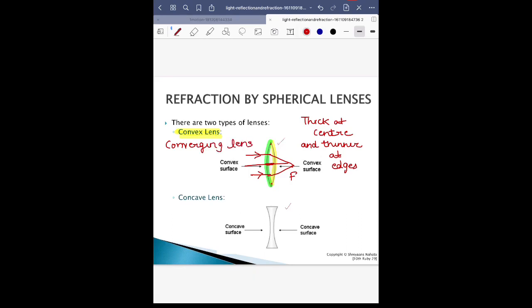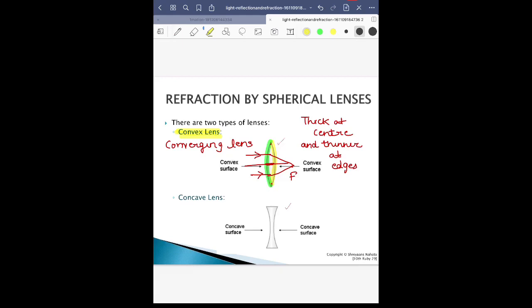Since a lens is bound by two surfaces, a ray of light while going through a lens refracts twice, it bends twice. As we did in the glass lab also, there was refraction taking place at two surfaces. In case of a lens also, since we have two surfaces, there will be double refraction of the light while passing through a lens.